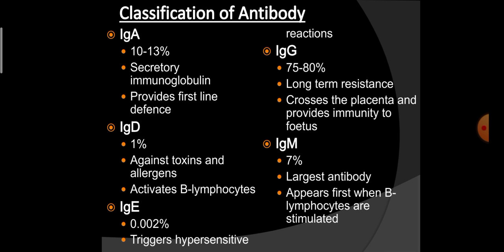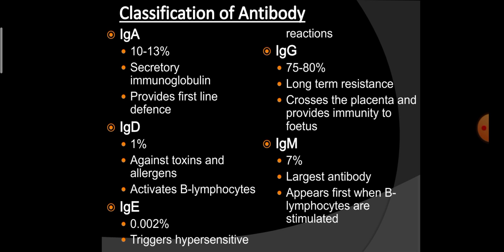Once B lymphocytes are activated, they help in the secretion of other immunoglobulins. So indirectly IgD is necessary for the production of other immunoglobulins also, because it activates the B lymphocytes.